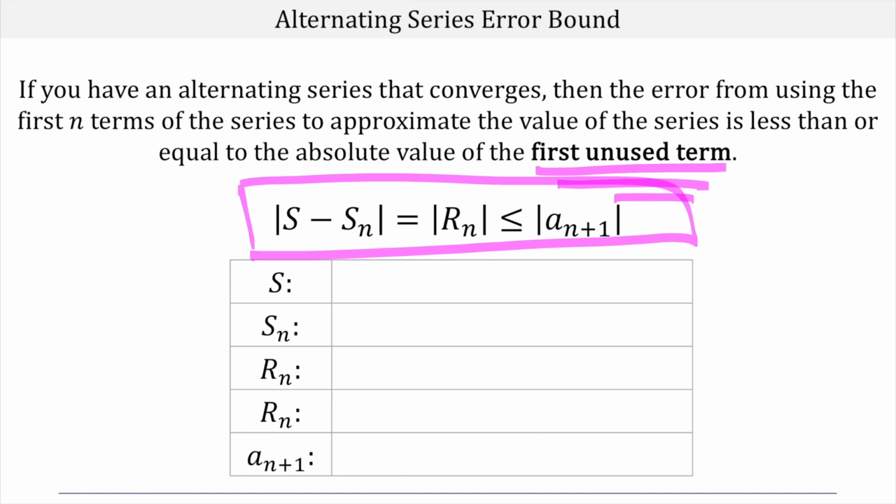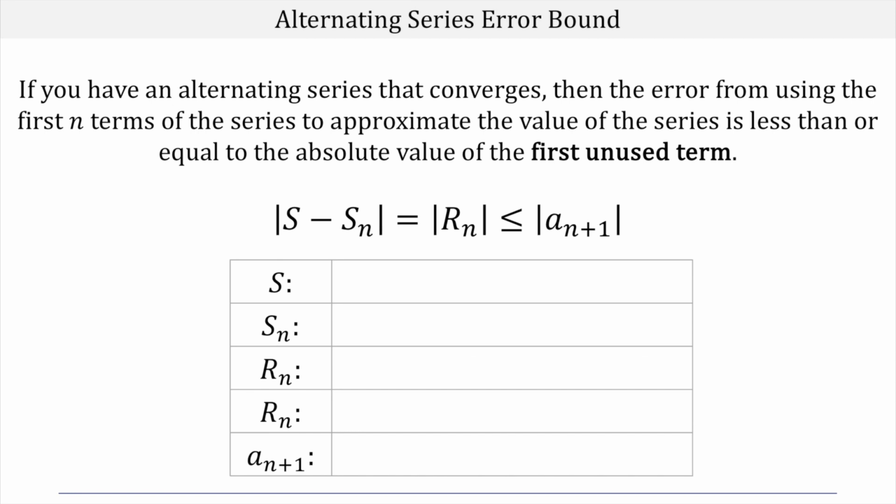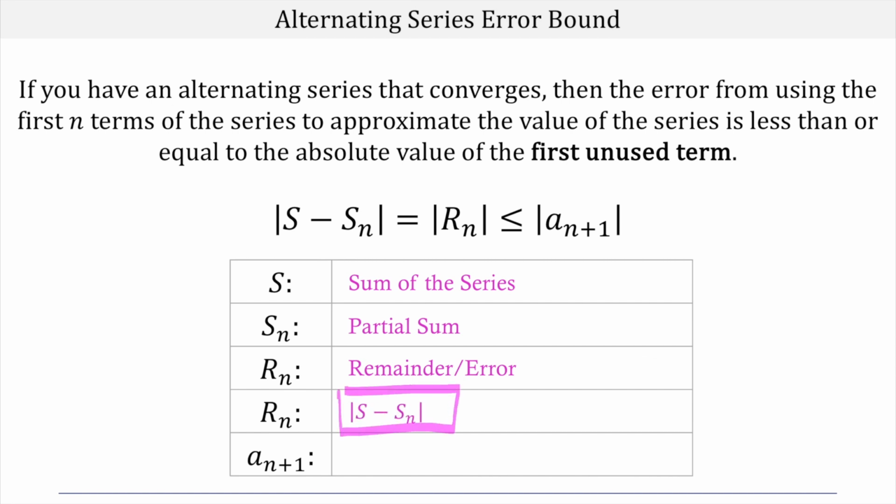So let's start by defining each of these little pieces. S is the actual sum of the series. S sub n is a partial sum. R sub n is the remainder or error. Mathematically speaking, it's the absolute value of S minus S sub n. Those were the distances we were finding on that chart before.